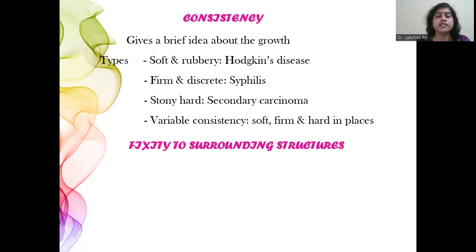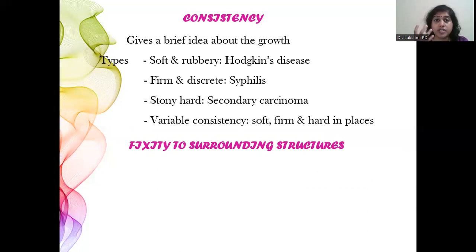So in syphilis, usually the lymph nodes which are palpable will be firm and discrete. And in secondary carcinoma, they'll be very stony hard. So this you will come across very commonly, because when the patient has oral carcinoma or any dysplastic changes, if the carcinoma has spread quite a lot into the deeper structures, the lymph node will definitely be palpable.